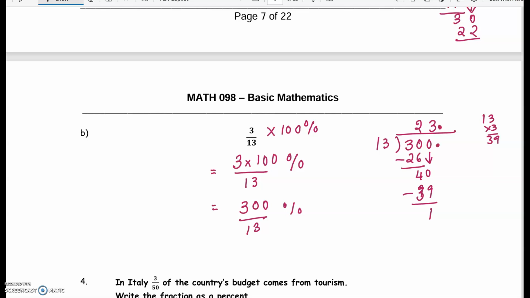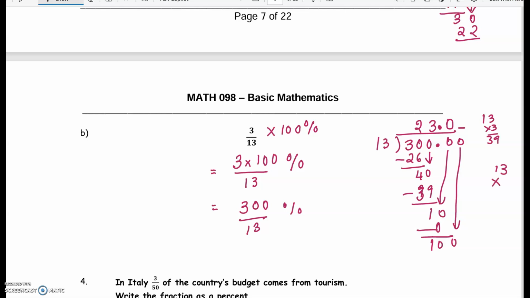Since we're doing decimal division, we can't stop here. We have to go on. We bring a 0 down. 13 goes 0 times into 10. Since we have to round it to the 10th place, I have to go just one more. Bring another 0 down. And 13 goes how many times into 100?